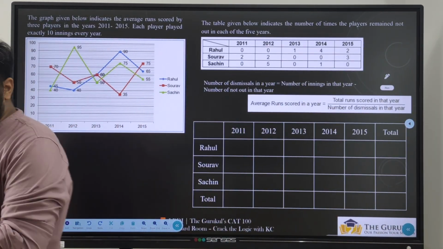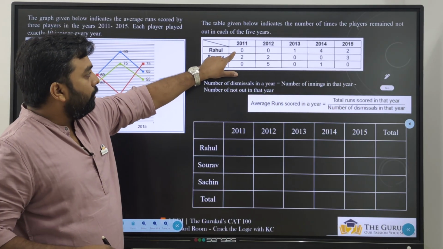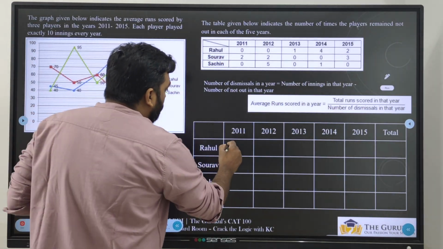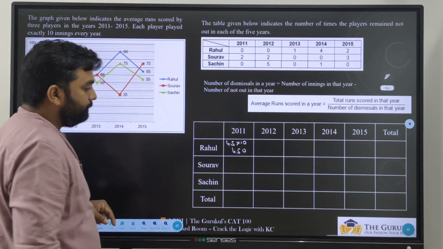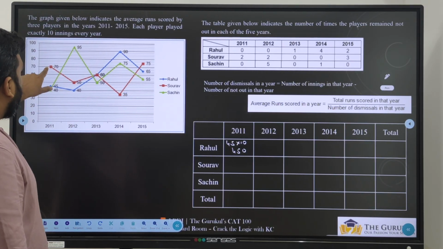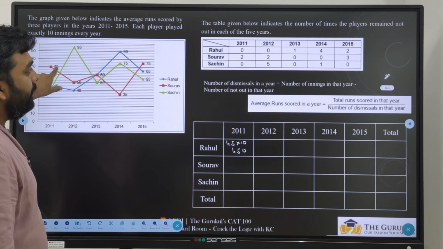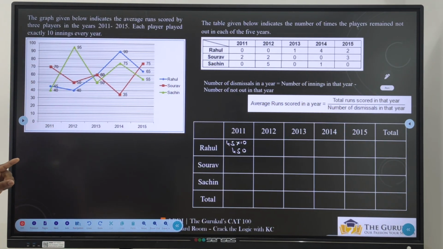Now let us see what is happening. Let's calculate for a few values. You will understand. Now 2011. Rahul is 45 and 0 not outs. So the score will be 45 into 10, which is 450. Next, Saurav, 70 is the average over here. But how many times he got not out? 2. So we should not directly multiply 70 into 10.